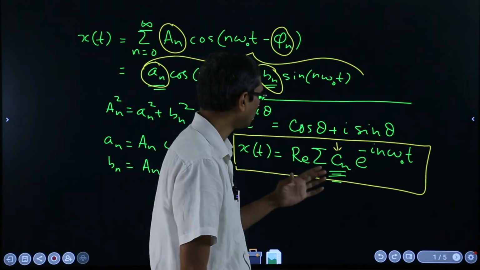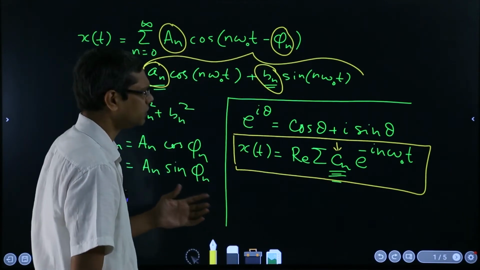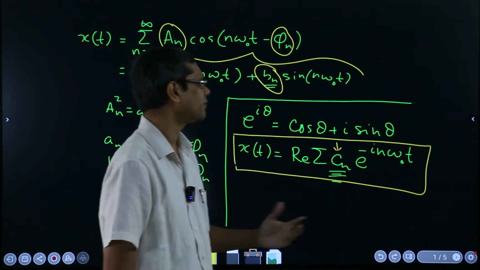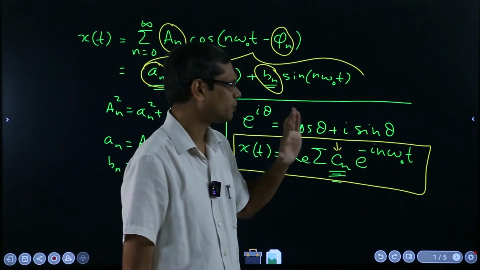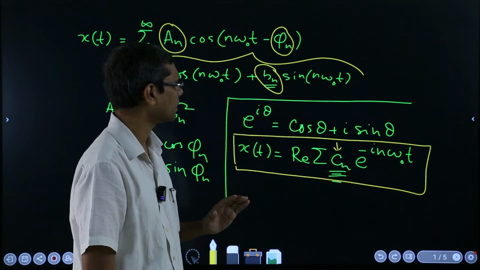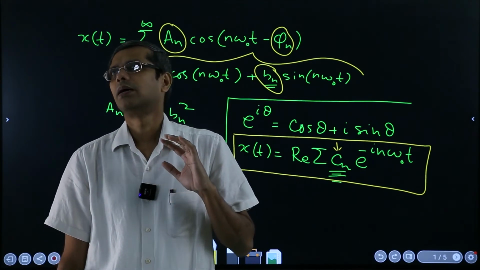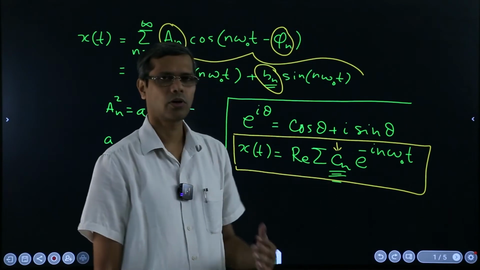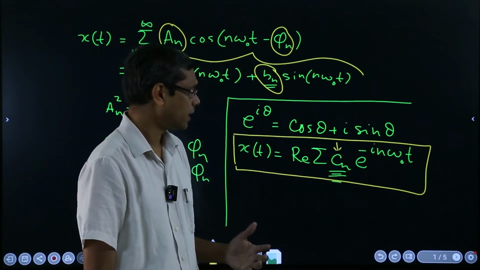So whenever you see this, students always have this query: why are we using complex numbers? So the idea is the convenience, the mathematical convenience that complex numbers offer in manipulation.